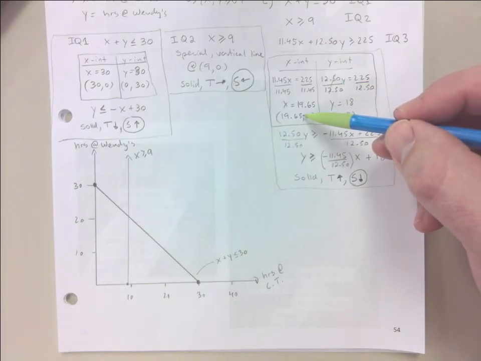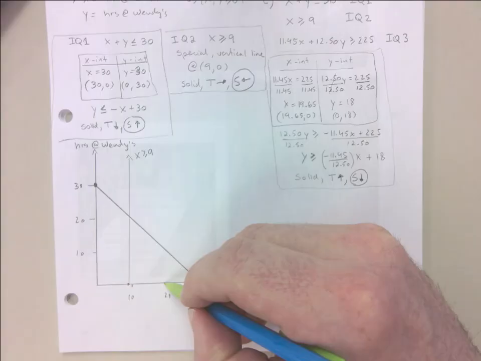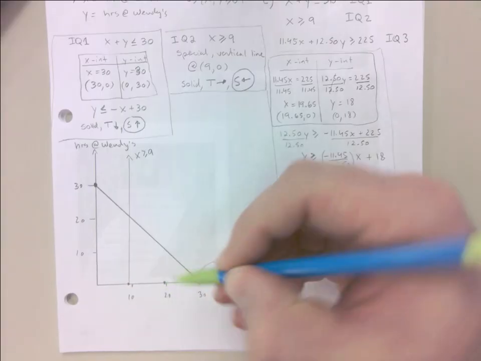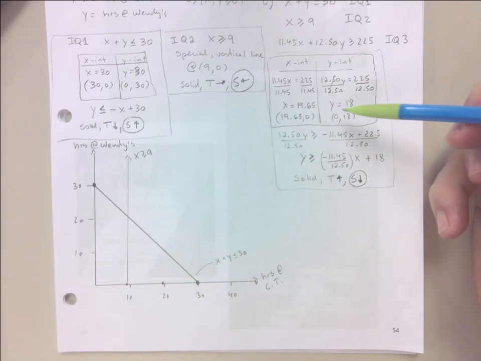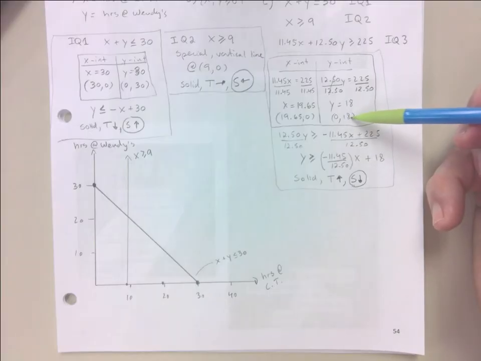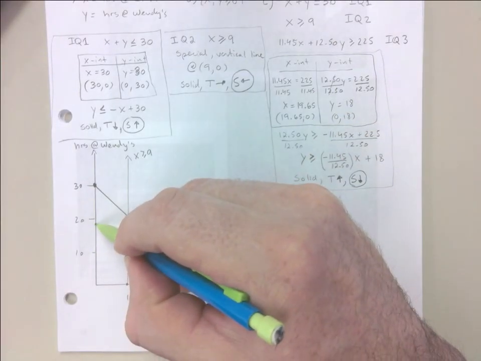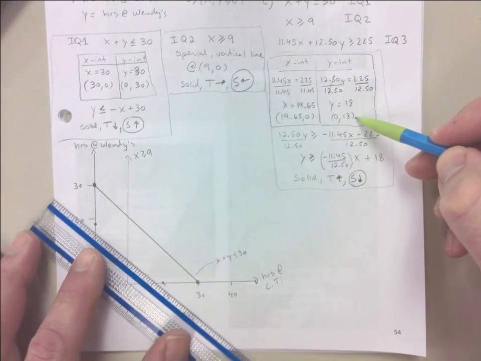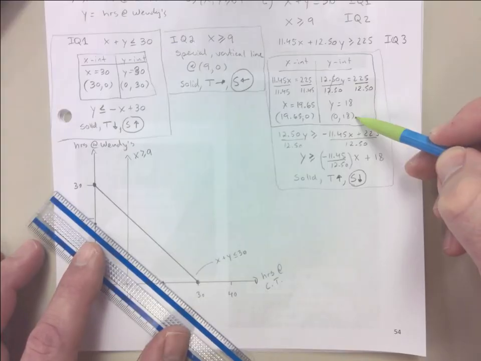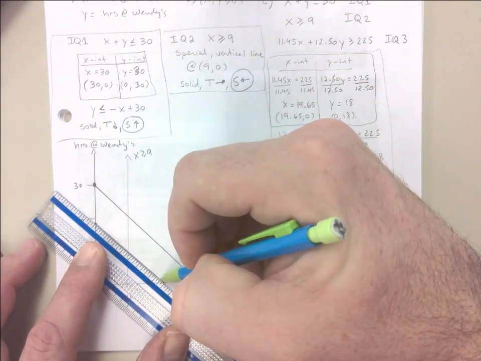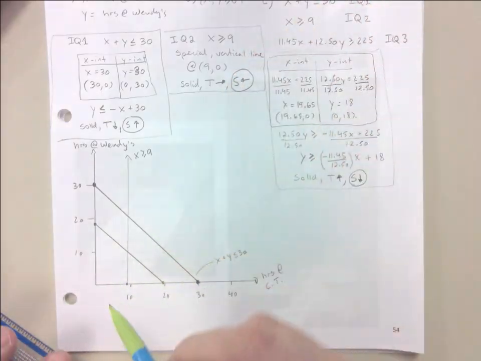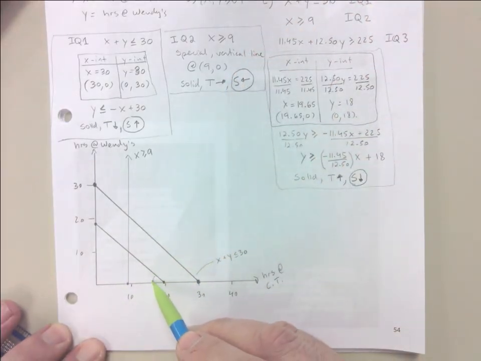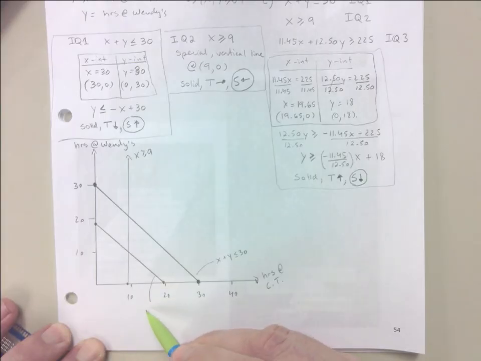Then you've got 1965, which is so close to 20. I'm just going to make it just short of 20. And then (0, 18), which should be right about there. Right, (0, 18). And it's okay to go off the grid with your labels if you must. It's up to you how you want to label it.